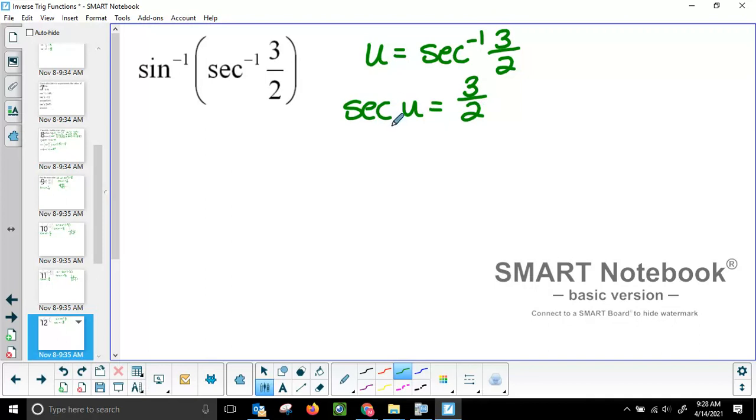So, we know that because of our reciprocal identities, if secant of u is equal to 3/2, then cosine of u is equal to 2/3. Yes, no, maybe so? Okay. So because secant is the reciprocal of cosine, it works the same way as cosine.